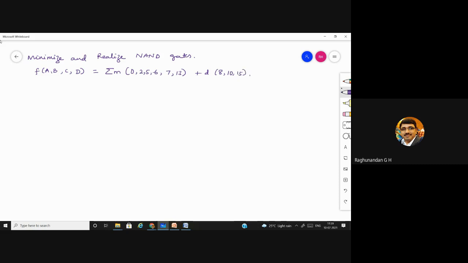Okay. So they will give it like this, and they will ask you to minimize and realize using NAND gates.